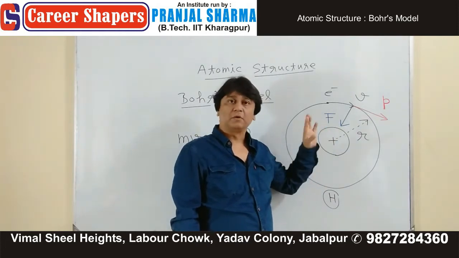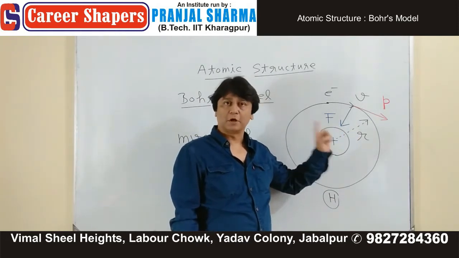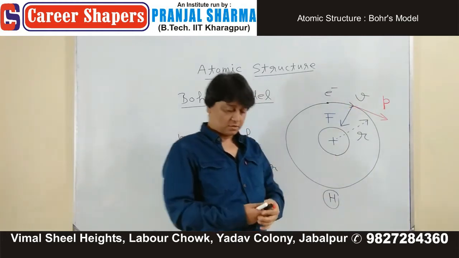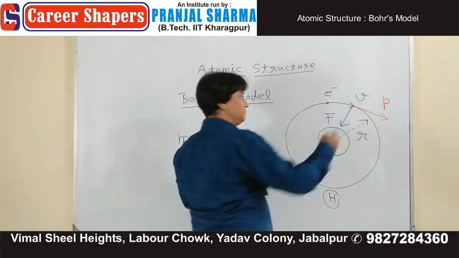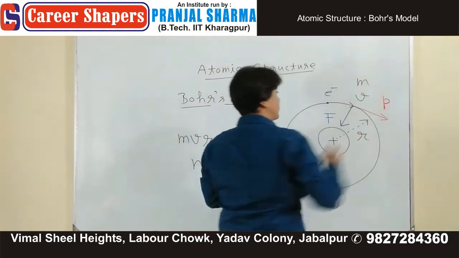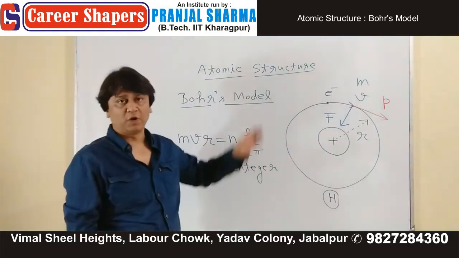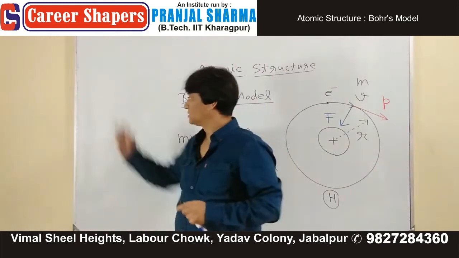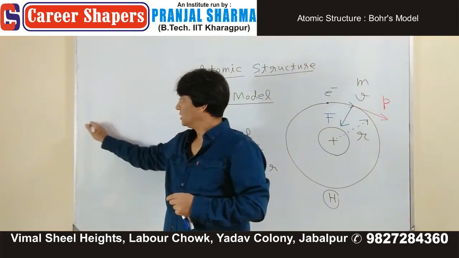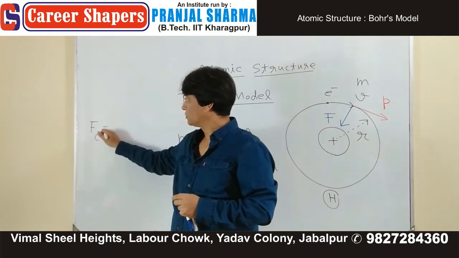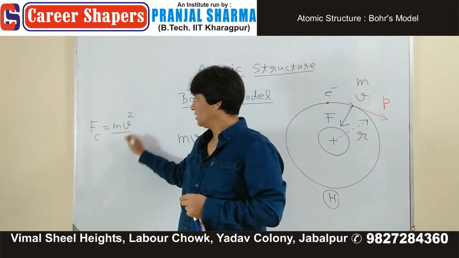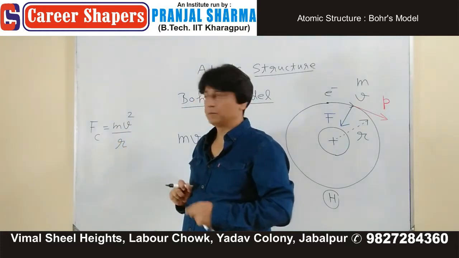This is the requirement for circular motion. An object of mass m, if it moves with speed v in a circular path, then it needs centripetal force, which is mv square upon r.